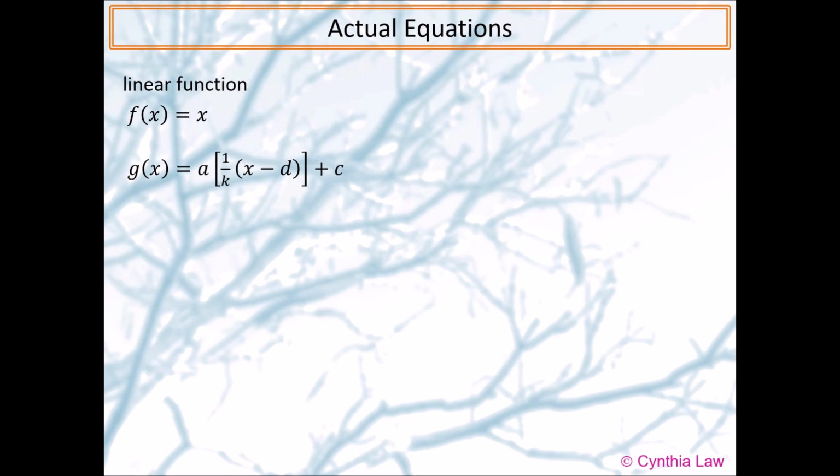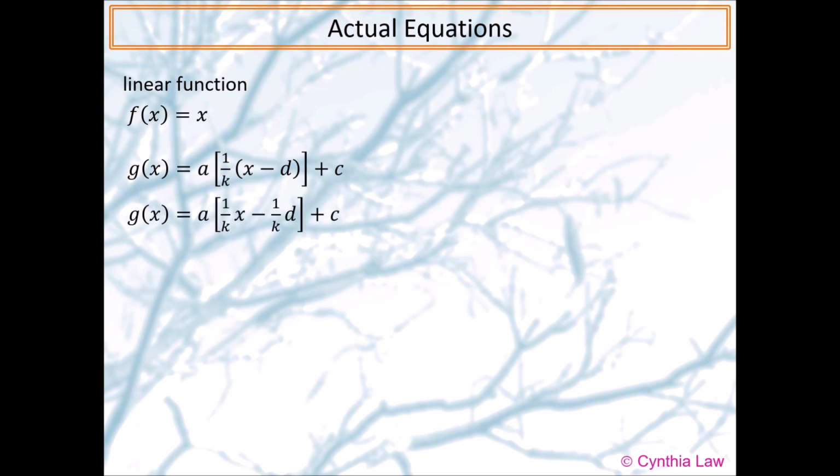I'm not describing how g of x is obtained from f of x anymore. I'm just saying what the actual equation of g of x is. So g of x equals a multiplied by open square bracket 1 over k open round bracket x minus d close round bracket close square bracket and then plus c.